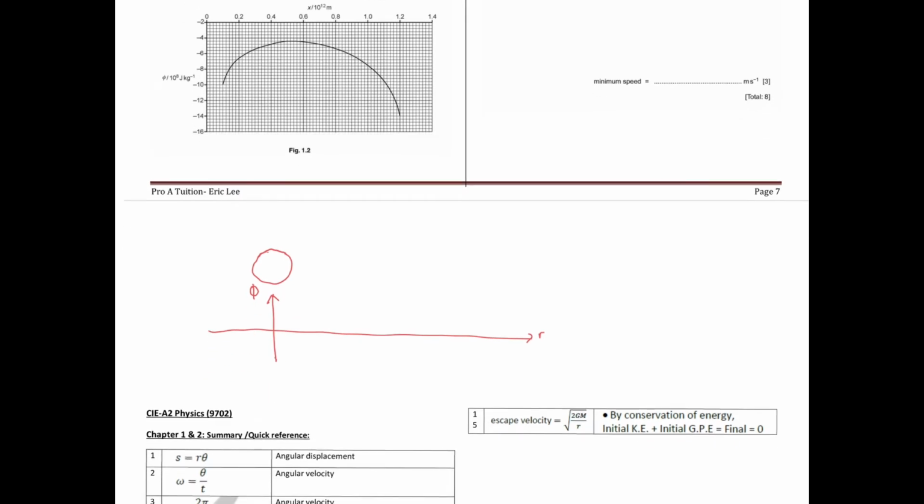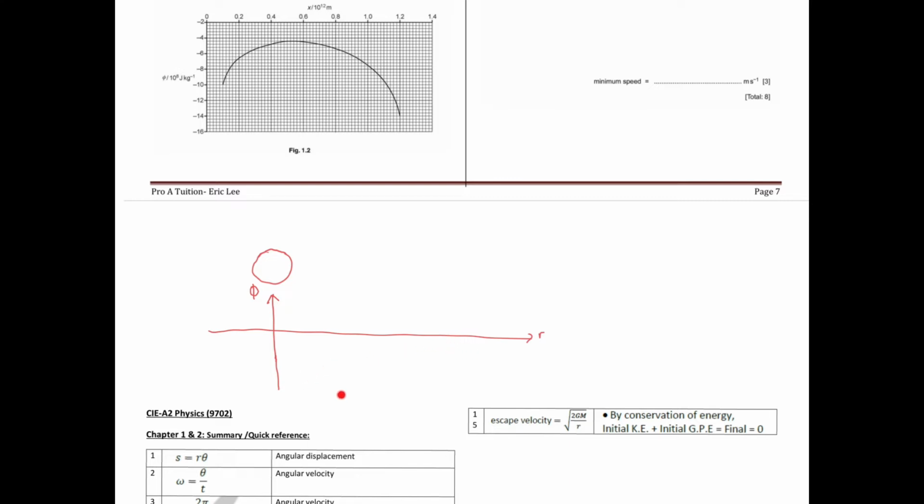Let me pull down a bit. We don't focus on this side because there's nothing to discuss at this side, as our main concern is this side.